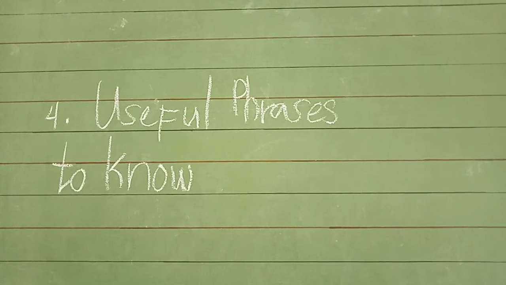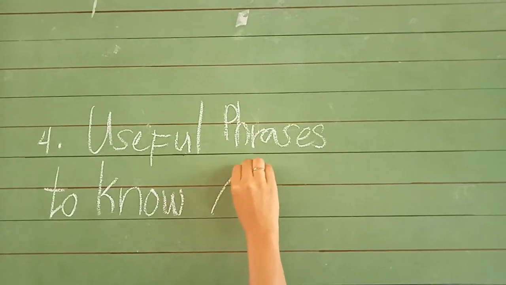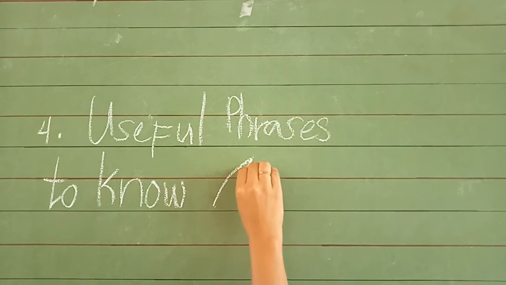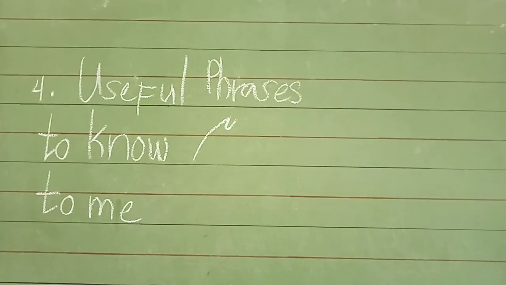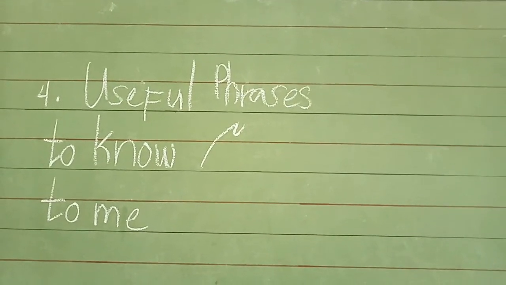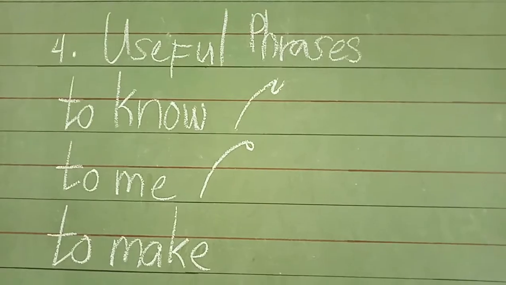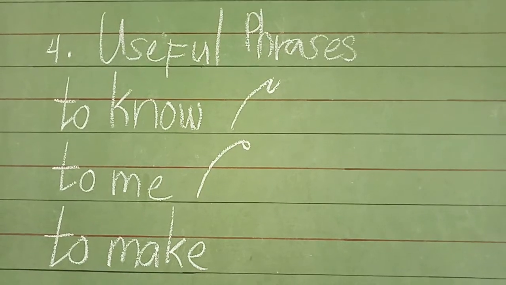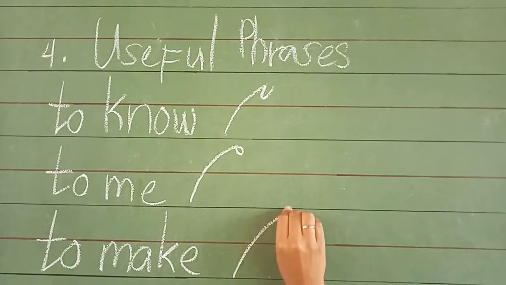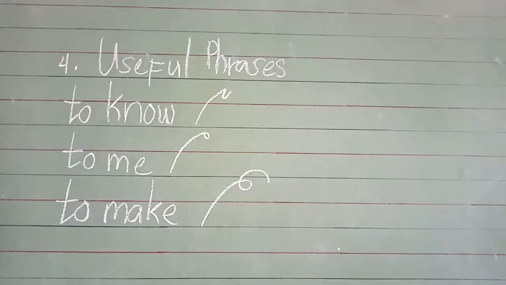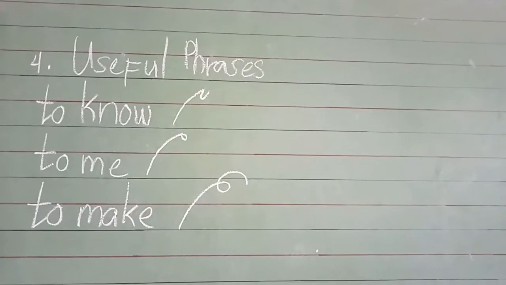Example number 1, to know, is represented by T, M, and O. Next, to meet, is represented by T, M, and E. Next, to make, is represented by T, M, A, and K. And these are under principle number 4, useful phrases.